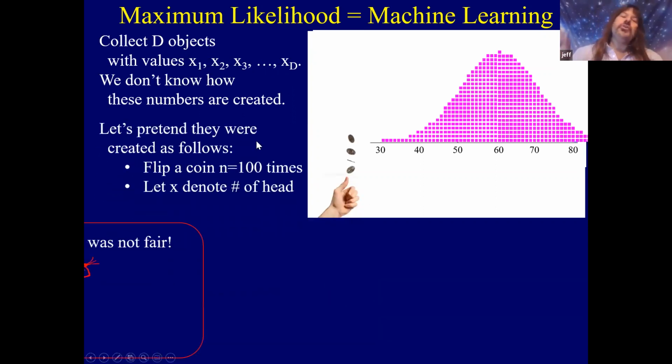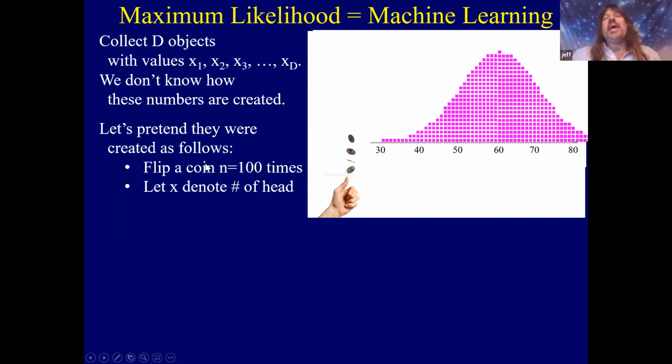So what we're going to do is pretend that the way we got these numbers was by doing some experiment in which we flipped a coin 100 times and asked how many heads there were, right? So we have a hypothesis: these numbers are distributed in a normal distribution way.